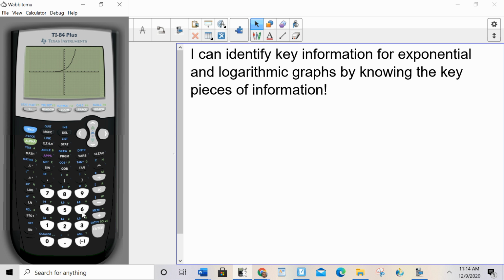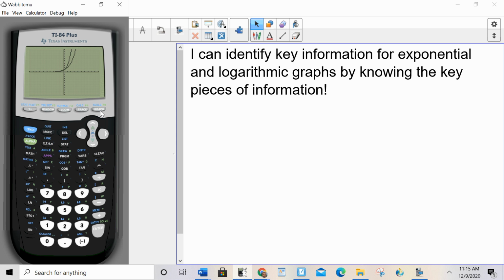This is what your standard exponential function looks like. So, we're going to take a look at some other exponential graphs and see things that they all have in common. So let's now do 3 to the power of x. And let's talk about what they have in common.